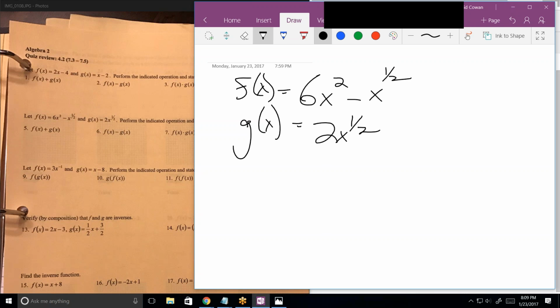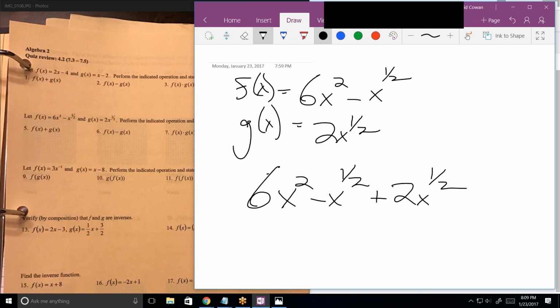Let me write it down real fast. 6x squared minus x to the 1/2. And I'm going to add to that g of x, plus 2x to the 1/2. Which of those terms can you combine?